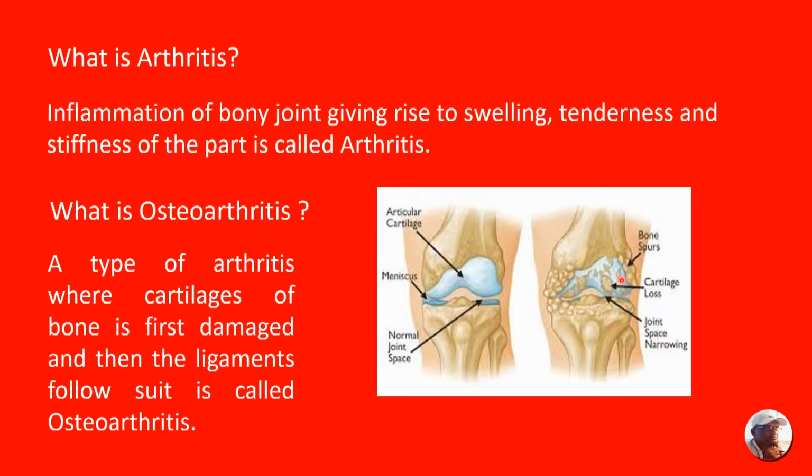Thereafter the capsule and overall the ligaments will also be damaged. So this is an example of osteoarthritis, where damage first starts from cartilage, then it moves to ligaments.